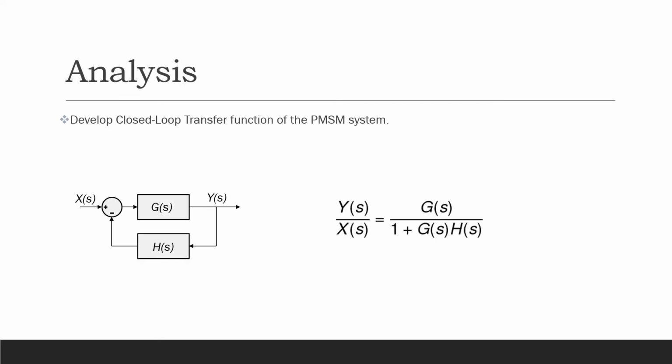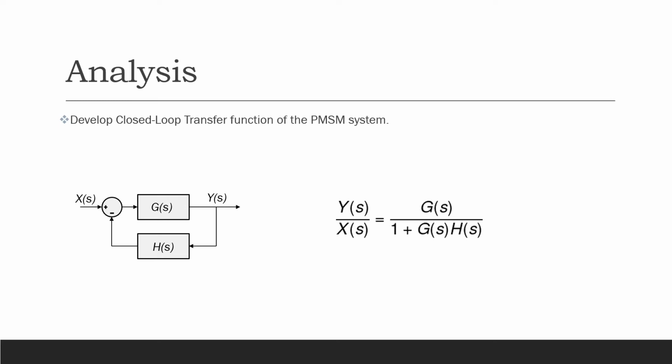So for the mathematical analysis, from a high level, we wanted to develop a closed-loop transfer function of the system. From a high level and just theoretical control system analysis, this is the generic setup of a closed-loop system. So we have some command given in X of s, which is then sent through to the forward path G of s, which would usually contain our controller and our plant, or our motor in this instance.